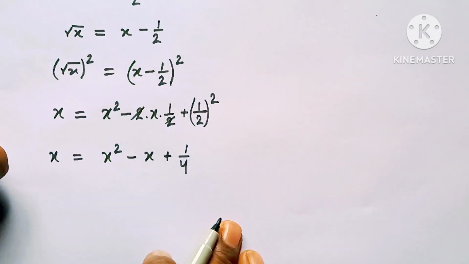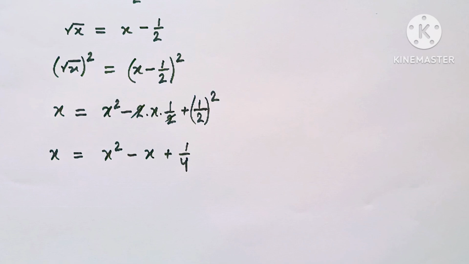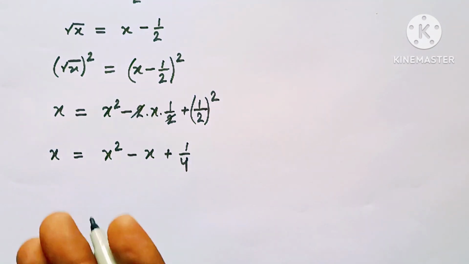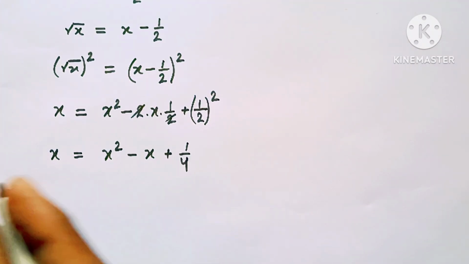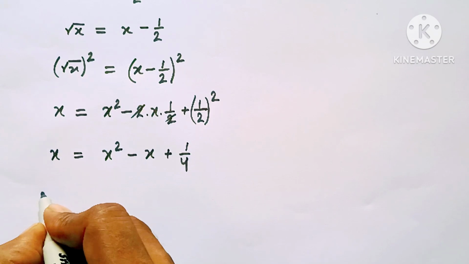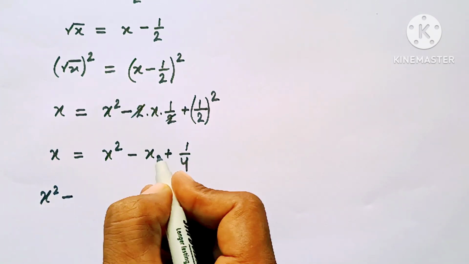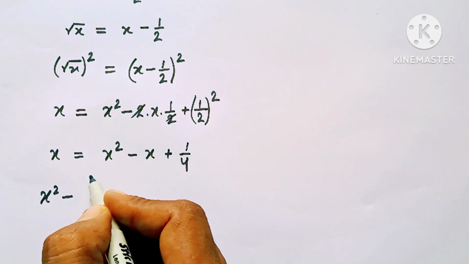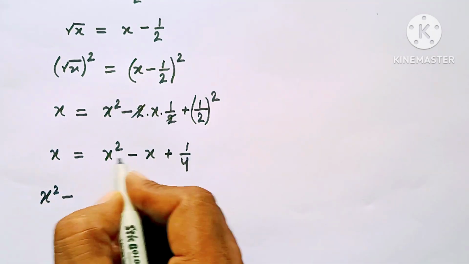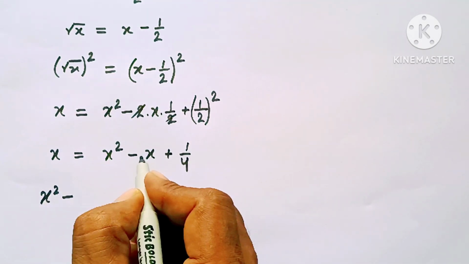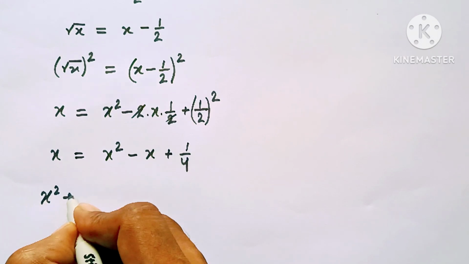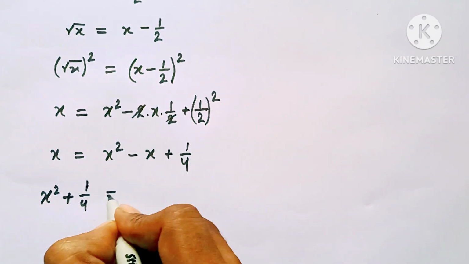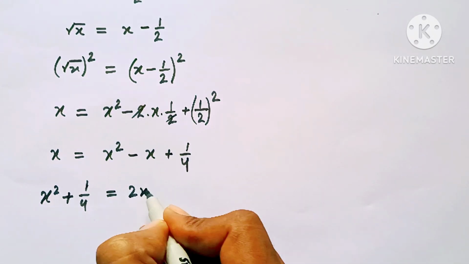Now what I am going to do is put all the variables and constants on one side. So here I have x square, 2x, negative x square, and here we have 1 by 4, and then here we have 2x.